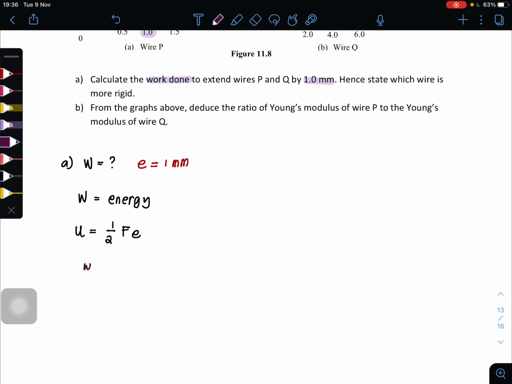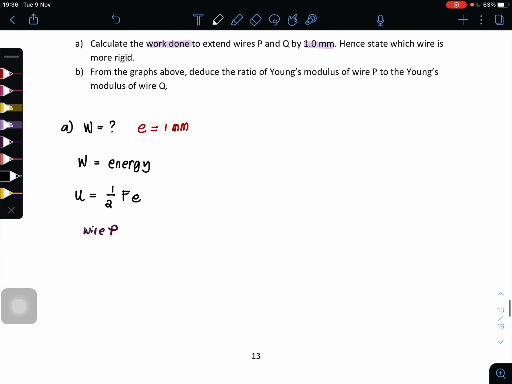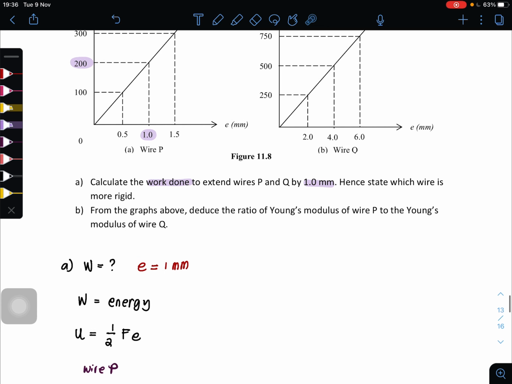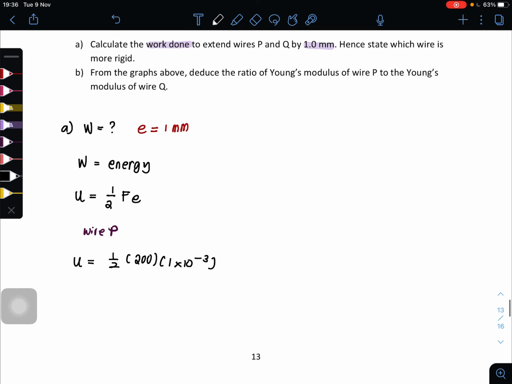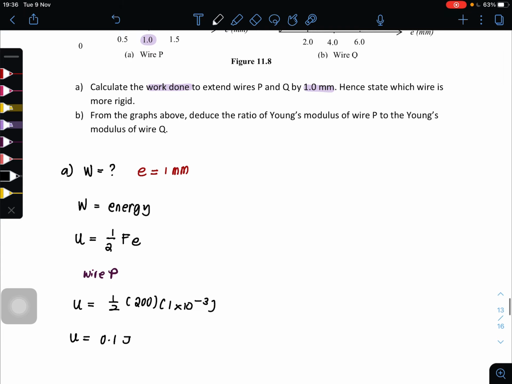So untuk wire P, kita cari wire P dahulu. U sama dengan 1/2 F. F adalah 200, elongation 1 mm. Make sure you convert to meter. U is equal to 0.1 joule.